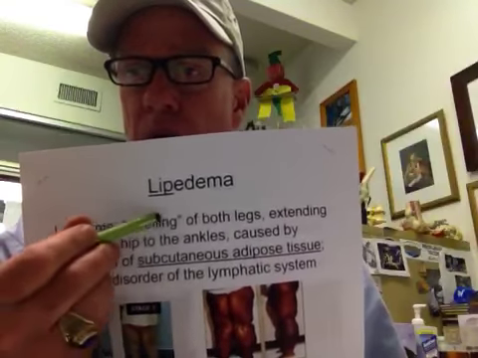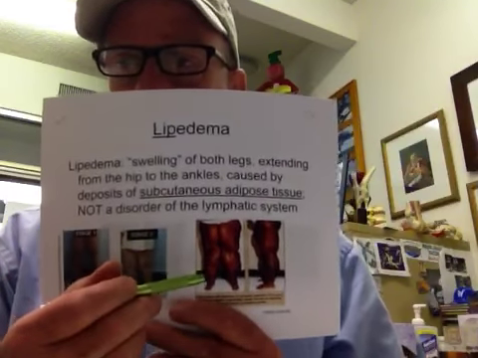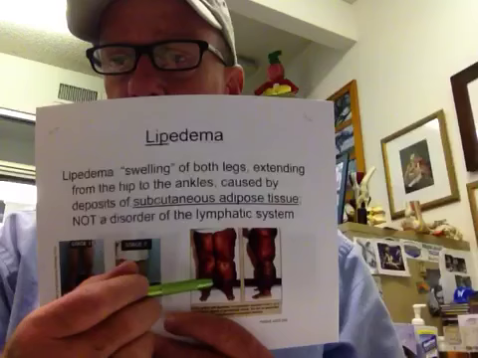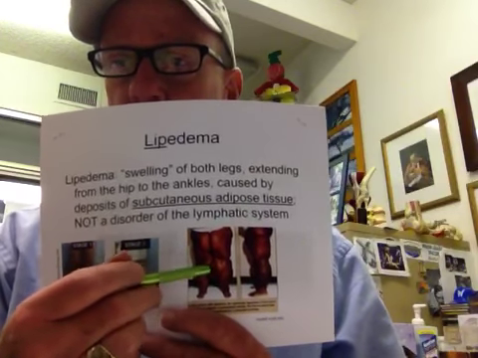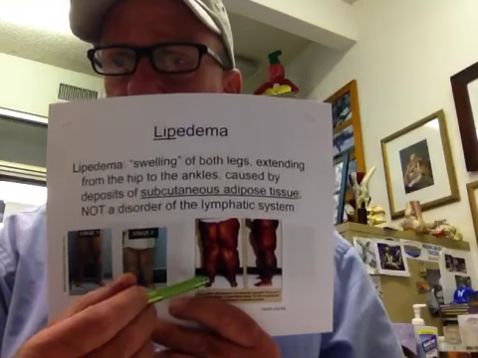Now, there's a condition. I've got this underlined to make our point. It looks like lymphedema, but actually it's lipedema. It's a genetic predisposition to store fat in the legs. And how you know this is lipedema is the feet are not affected.